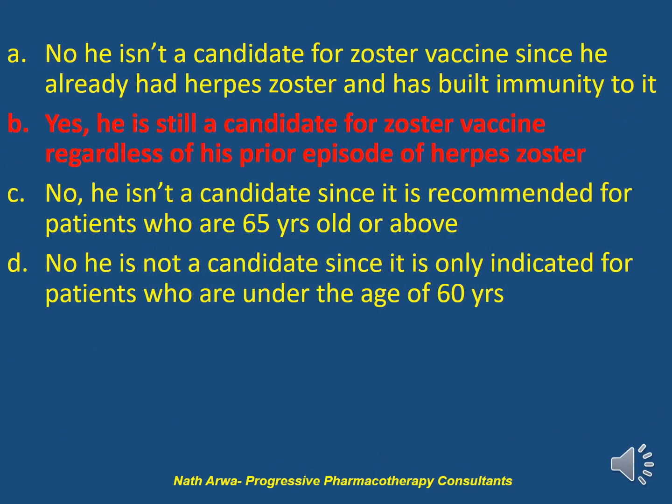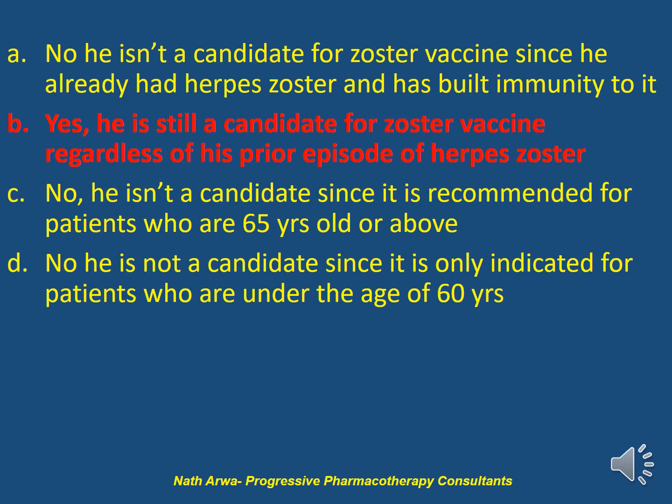Option B is the correct answer. A single dose of zoster vaccine is recommended for all adults 60 years or older, regardless of whether they report prior episodes of herpes zoster or not. That's why answer A is wrong. Although a second and third episode of herpes zoster can occur, the annual incidence of recurrence is unknown.